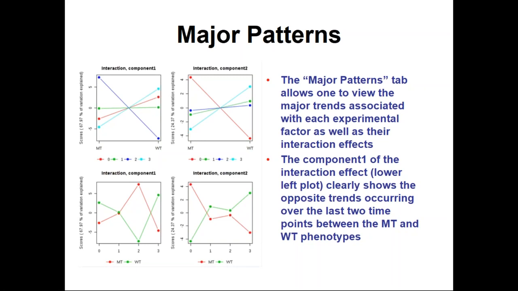And so we can look at time point 2 if we go up, which is the dark blue, and we can see, again, bottom left, the green and red are totally opposite, and that's mirrored in this interaction component 1 with the variation between the mutant and the wild type, where it's high on the left, with a slope of -1. The green line has a slope of 0, that's on the upper curve.